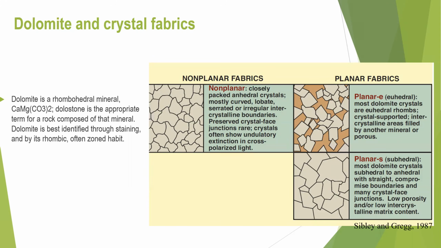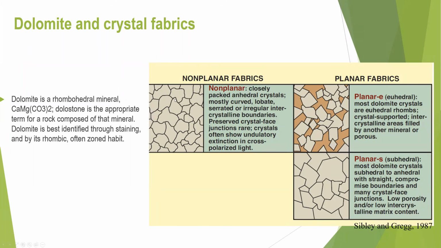Most dolomites are created by dolomitization of previous limestone, for example high Mg calcite, low Mg calcite, and also aragonite. But I don't want to go into detail in this presentation about the depositional environment of the dolomite or how this dolomite was created, but most of the dolomite is secondary dolomite.